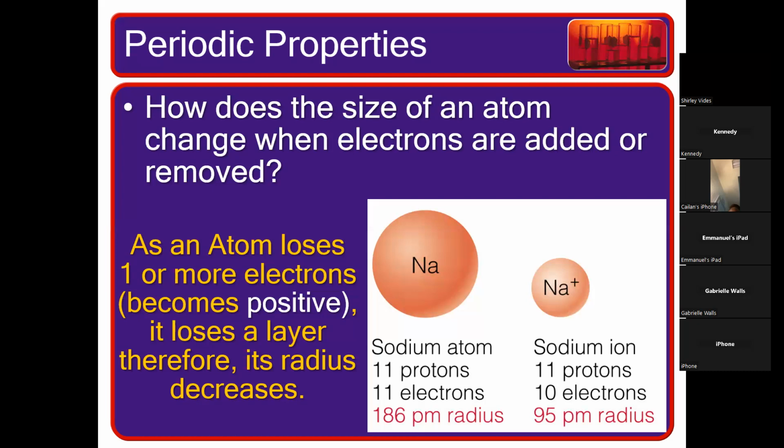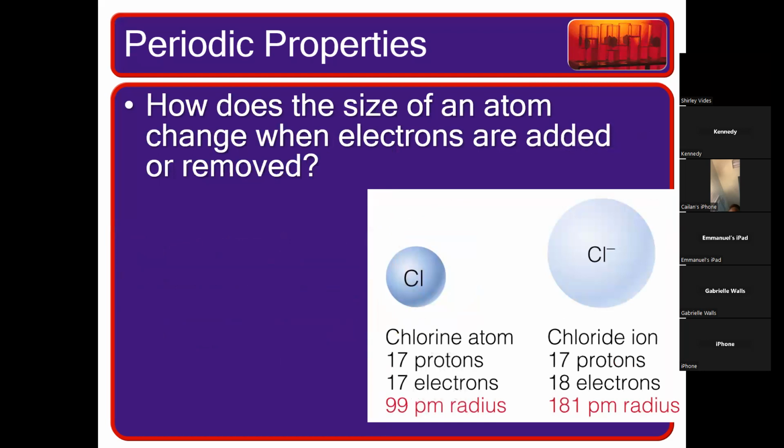Okay, so now let's look at the opposite. When you have a non-metal, and non-metals are the ones on the right of the periodic table, remember on that little stair step, except for the metalloids in the middle, which we talked about too. So now you have an ion that has extra electrons.